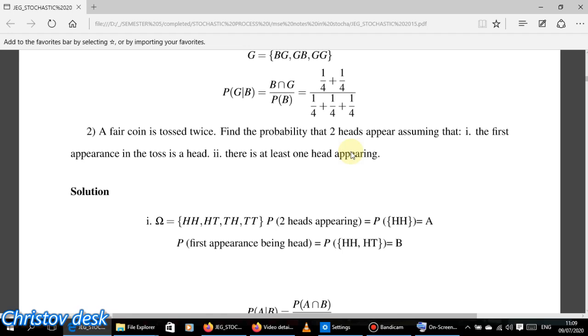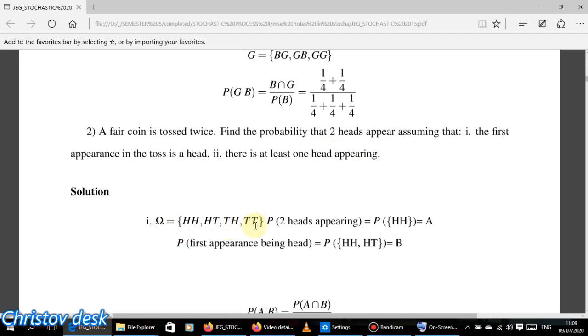So look at this. For part one, the given is that the first appearance is a head. You are looking for the probability that two heads appear. So you have to know the sample space and then bring out those two events. The sample space is HH, HT, TH, TT.